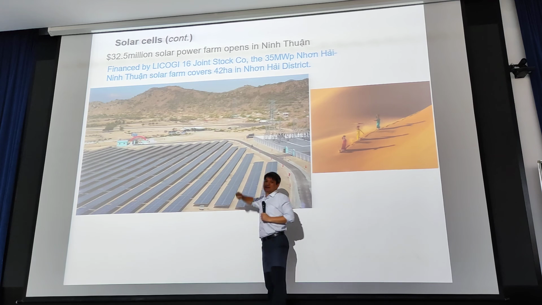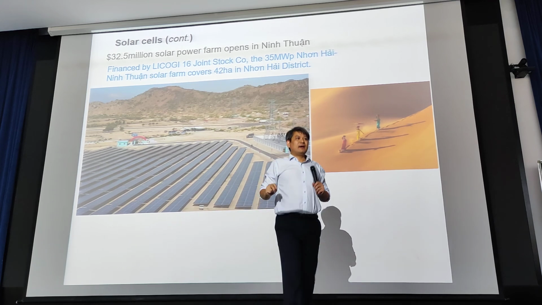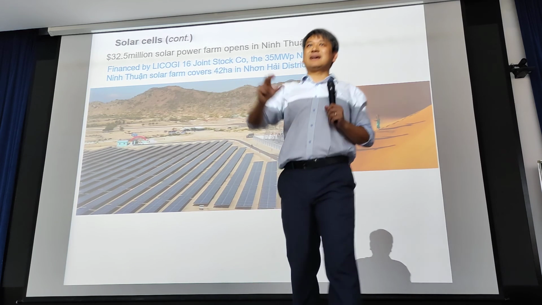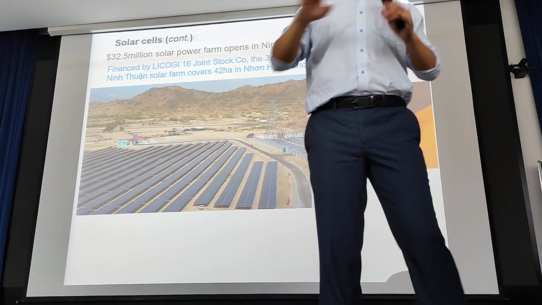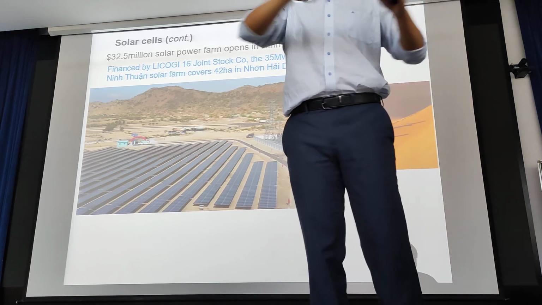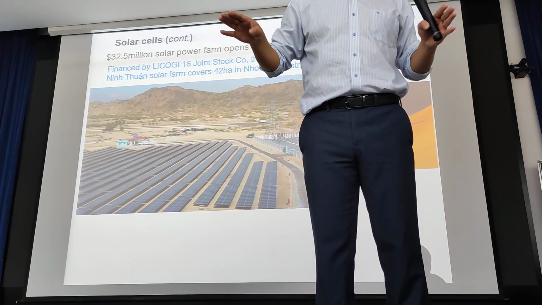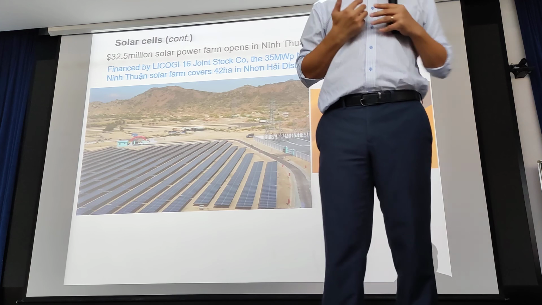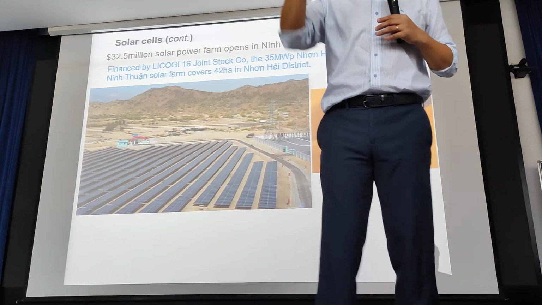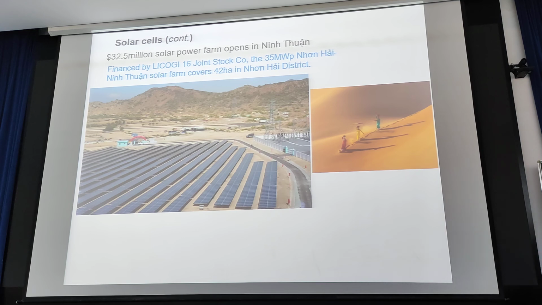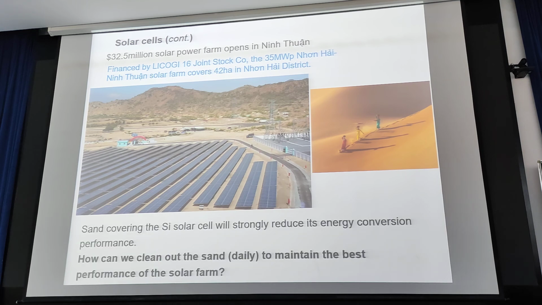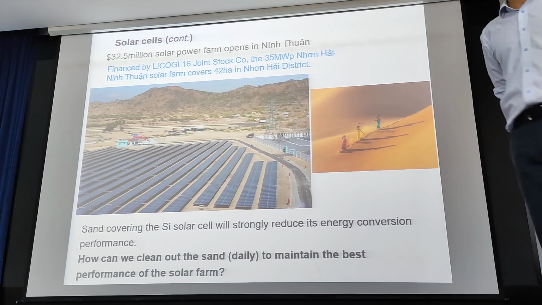Energy conservation says the photon energy equals electricity plus heat. So if a layer of powder covers the surface of the silicon solar cell, the photon energy cannot reach the solar cell correctly, so you have lower electricity. The last question is: how can we clean daily to maintain the best performance of the solar cell?